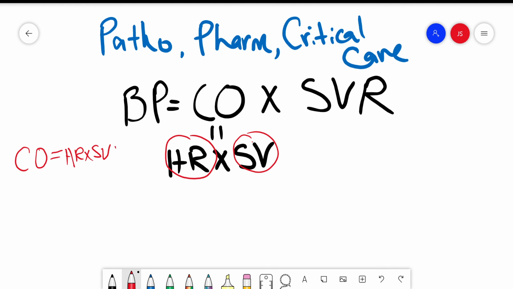So if we increased the stroke volume, we would increase the cardiac output if heart rate stays relatively the same. The same would go for if we increased heart rate and stroke volume stays relatively the same, then we're going to increase cardiac output, because it's an equation. So it's a powerful way to understand conceptually what's happening in the body.